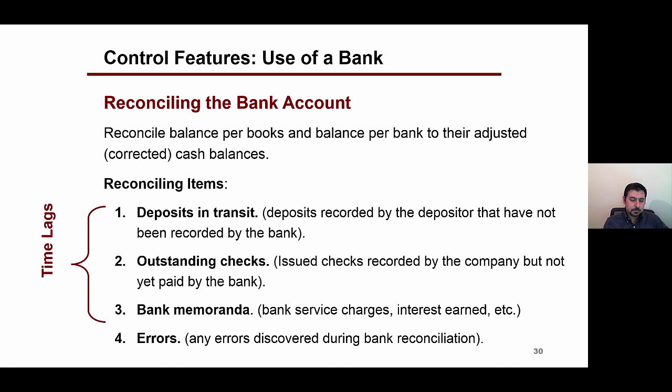For example, when the company makes a deposit, the company will record it in its cash account, but the bank will not add it to the bank account until, for example, the bank clears the check. As far as the company is concerned, they have recorded the deposit, but as far as the bank is concerned, they will not record it until later on.